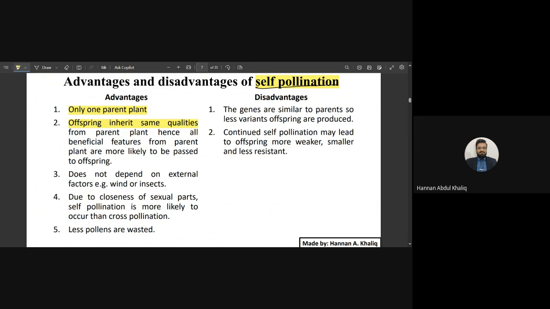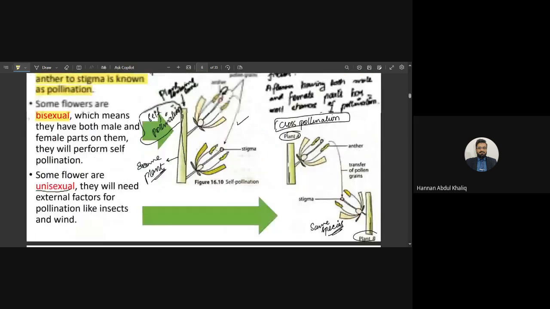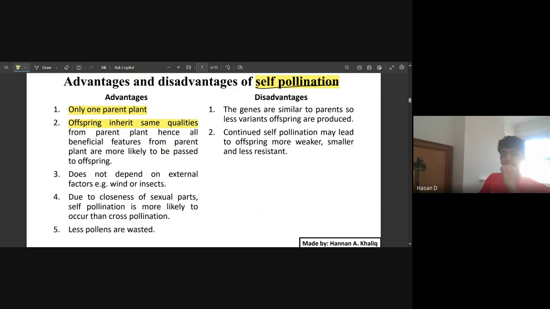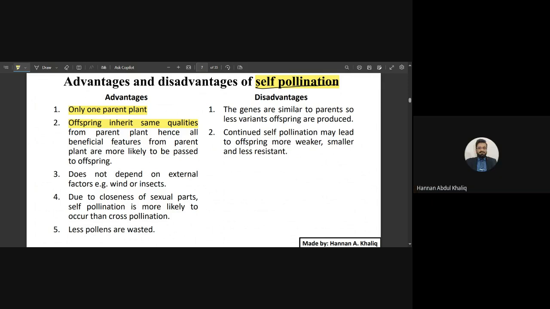Why the same qualities? Because no matter how many times you perform meiosis, because we know that meiosis brings changes. If you remember, I told you that when meiosis occurs, the gametes have different genetic material. Remember that? Yes. So when meiosis happens, the genetic material would be different.